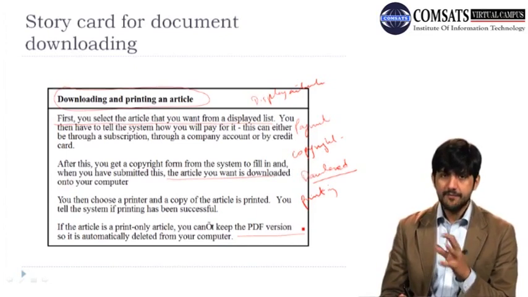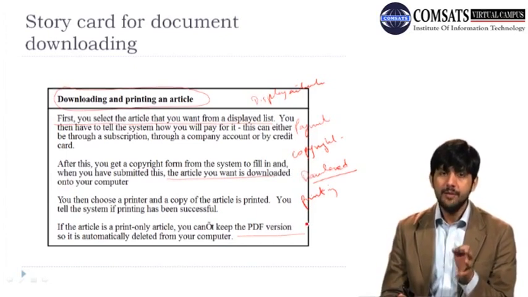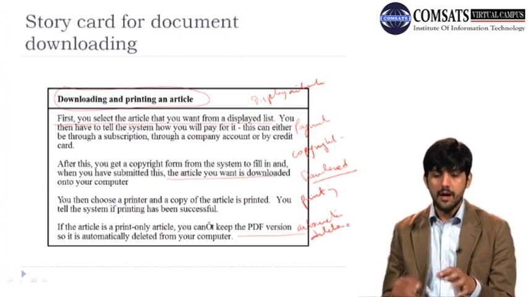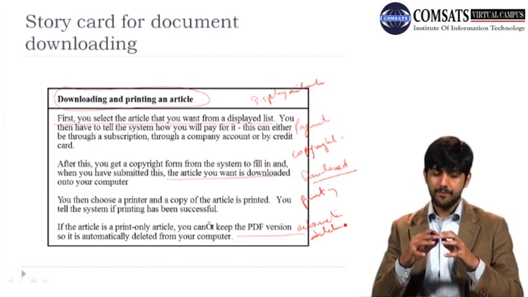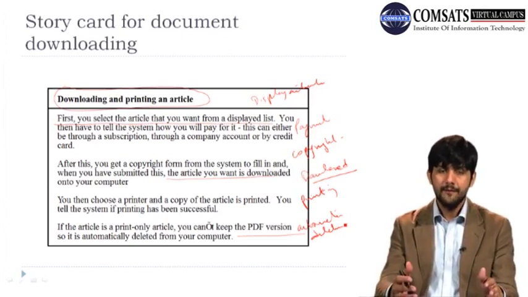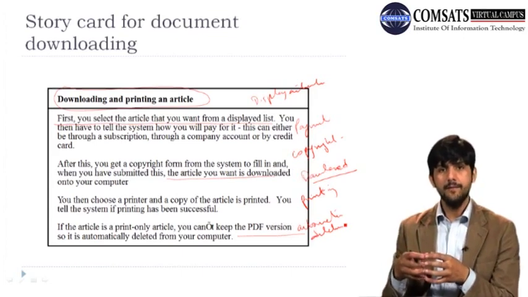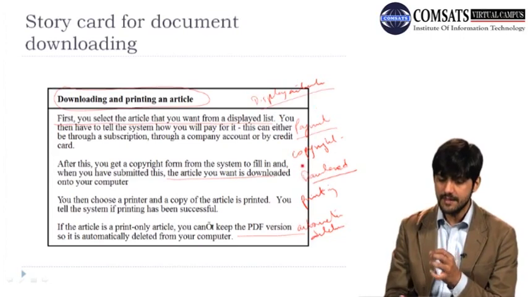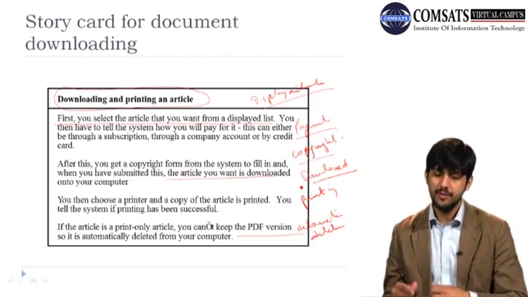So there is this functionality that once the document is printed, it should be automatically deleted. So automatic deletion is something else as well. This is how, from a user story, these tasks are identified. For example, these are the 6 possible tasks that you have identified from the story.